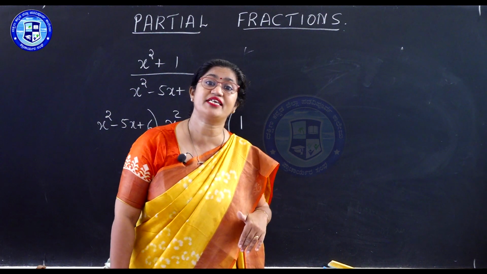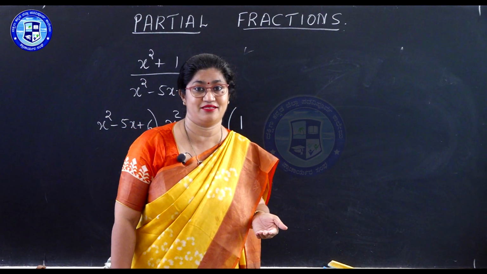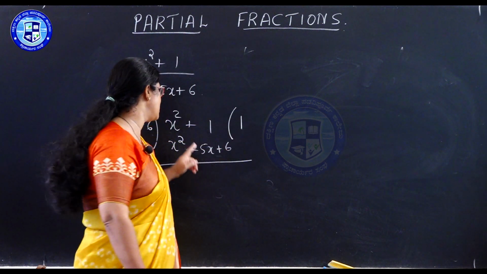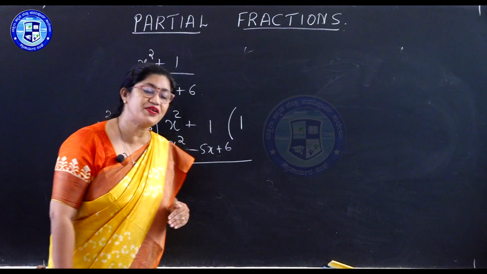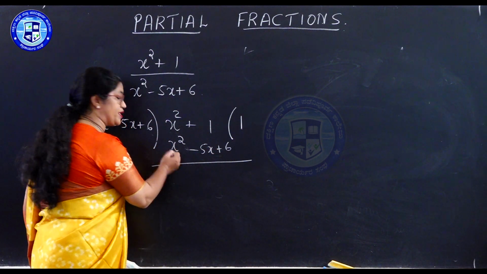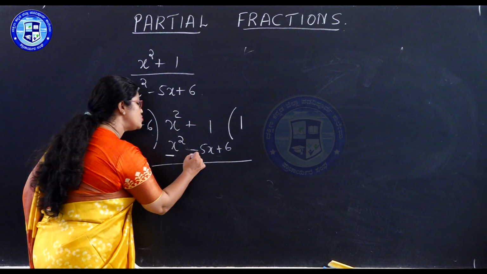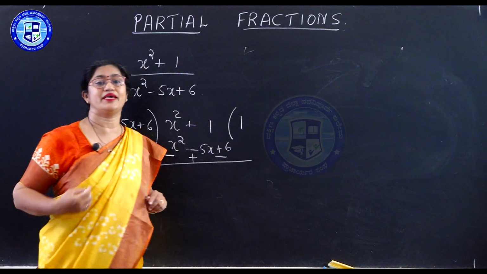If it does not get cancelled, I have gone wrong in my calculation. So please note this. This has to get cancelled when you subtract. So when we subtract, what should we do? We should change the signs. So this was plus will become minus, minus will become plus, and this plus will become minus.